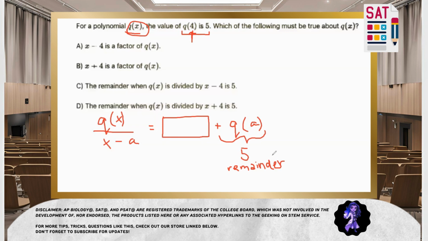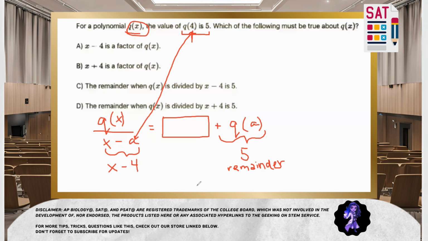Okay, so the remainder is given to us. If you are using Q of A, then X minus A is the same thing as saying X minus 4.